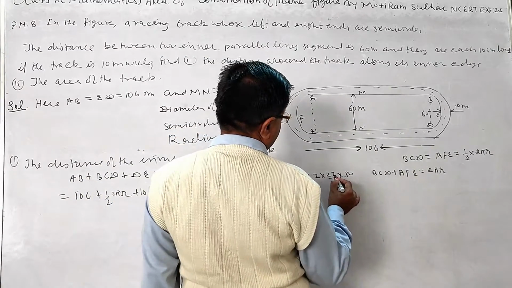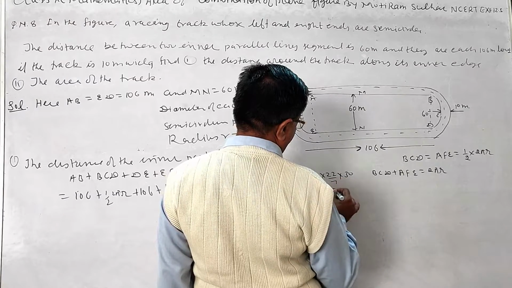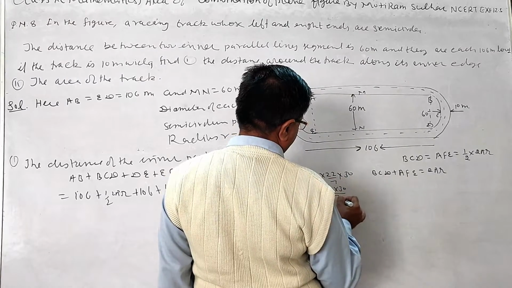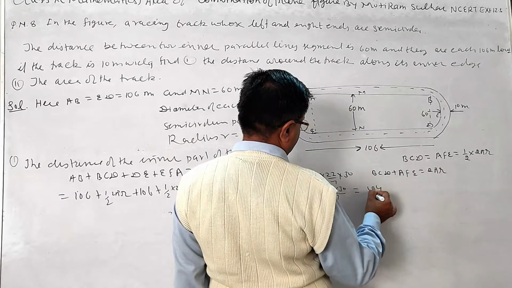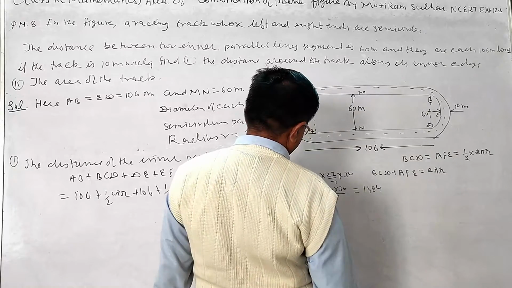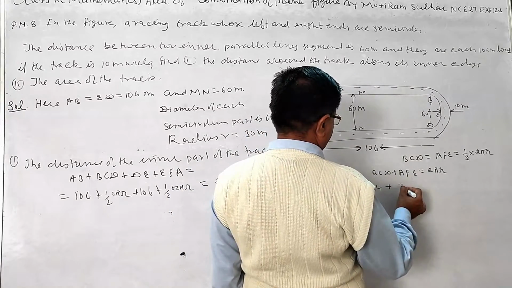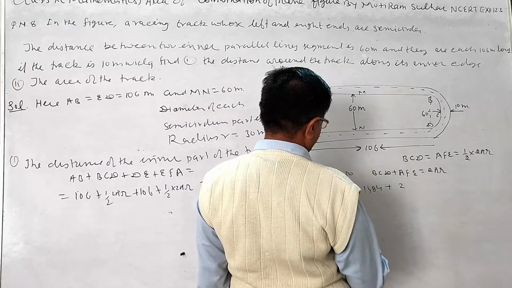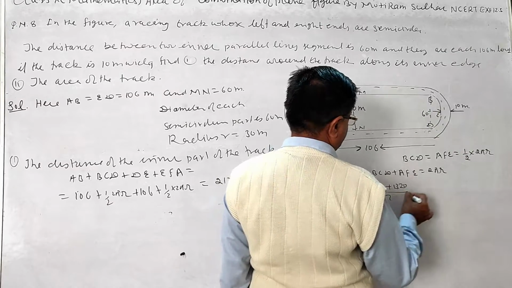212 plus this is 22, 44. So multiply 7, 14, 1, plus multiply this 3, 4, 12, 12 or 13 by 7.